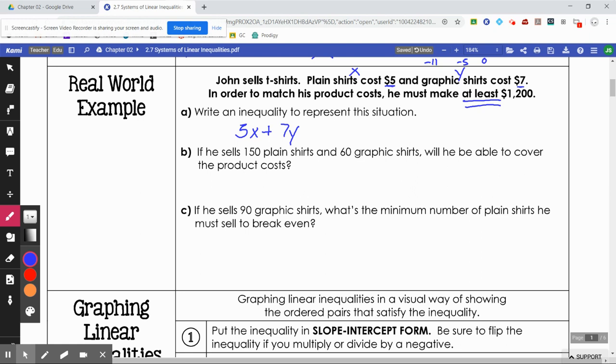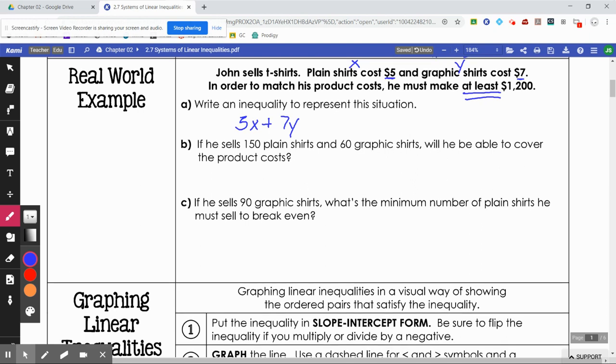In order to match his product cost, he must make at least $1,200. So the amount of money he's going to make has to be at least. It has to be greater than or equal to $1,200. At least means it could be bigger or it could be equal. So therefore, there's your inequality.